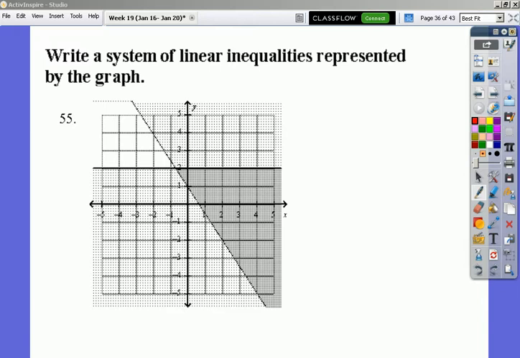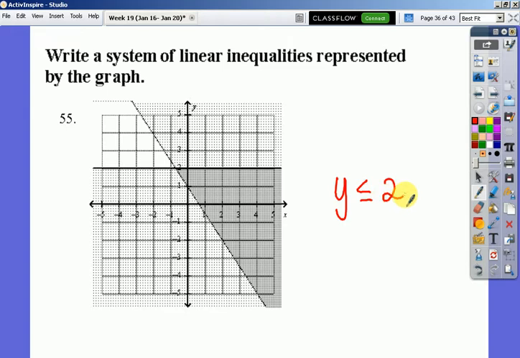So let's deal with the horizontal line first. That's going to be y is less than or equal to what? Yeah, y is less than or equal to 2.